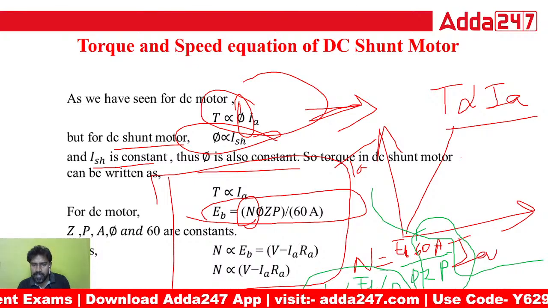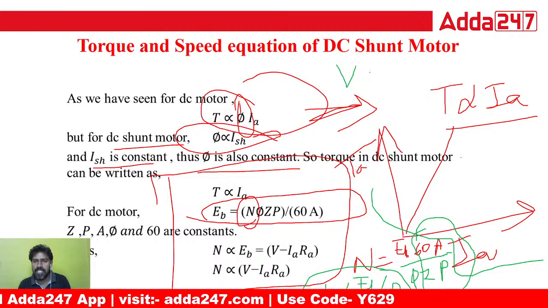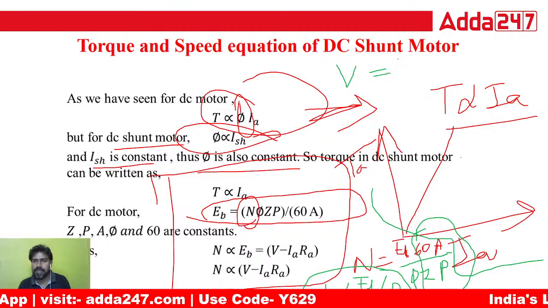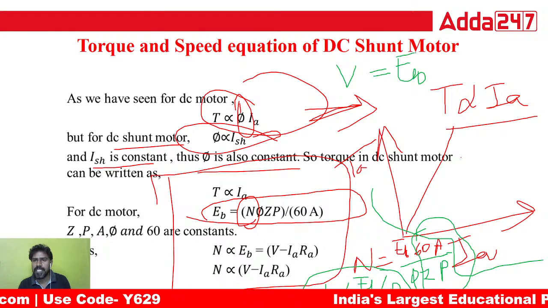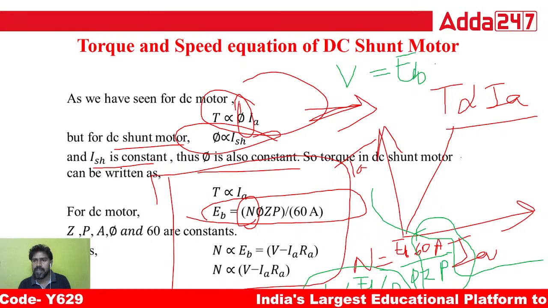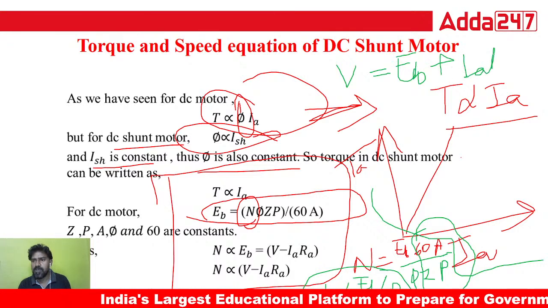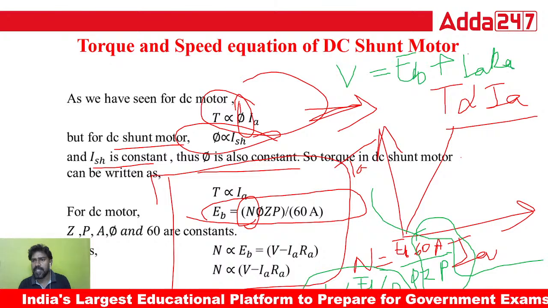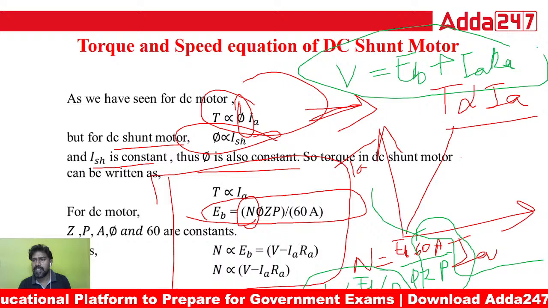But for a DC motor, what is the voltage equation? V is equal to E_b plus Ia into Ra. It is the general DC motor equation.